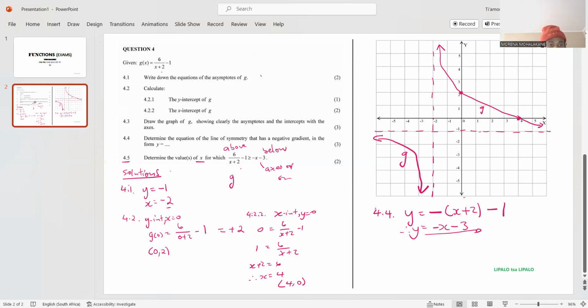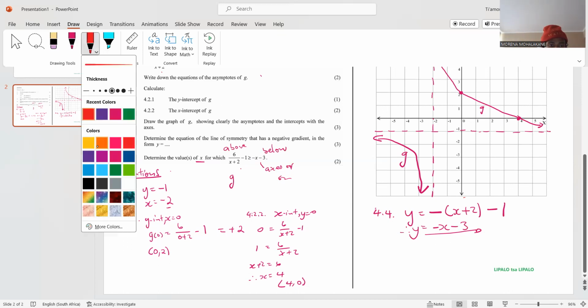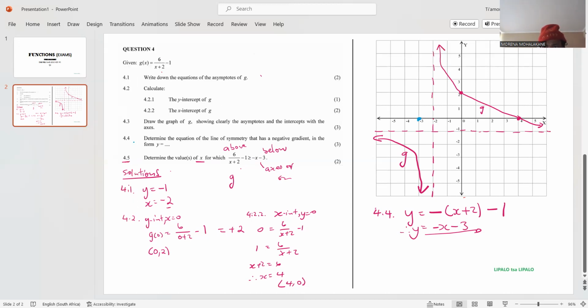So a very good thing to use will be having it on the Cartesian plane. If I look at the one with the negative gradient, I know it cuts at negative 3. I know the y-intercept also is negative 3 because this is c. So it's going to also pass through the intersection of the asymptotes.